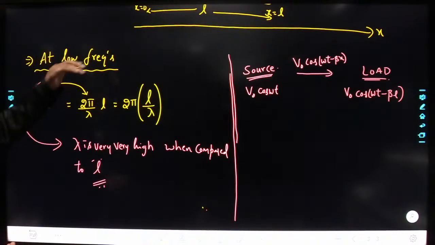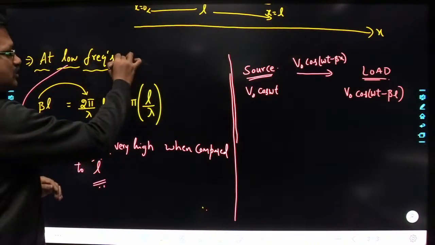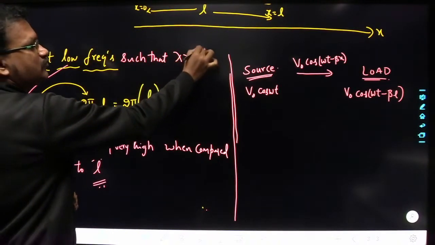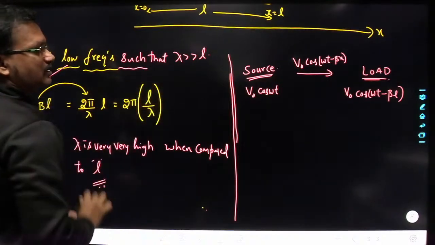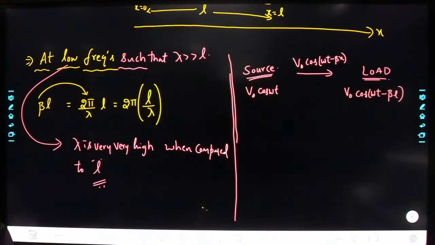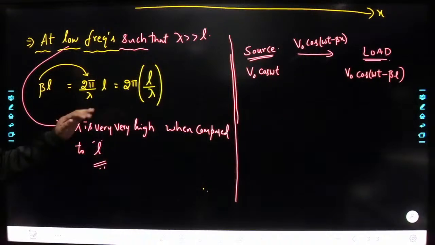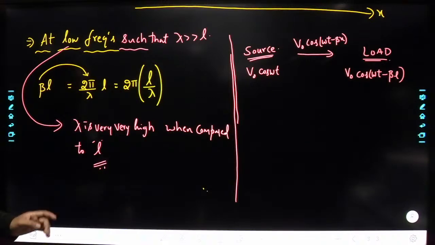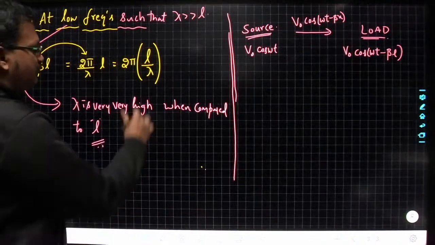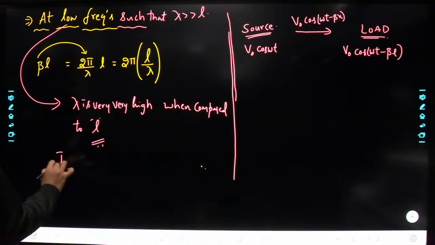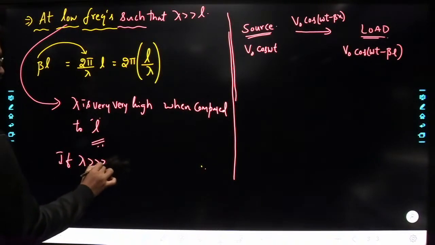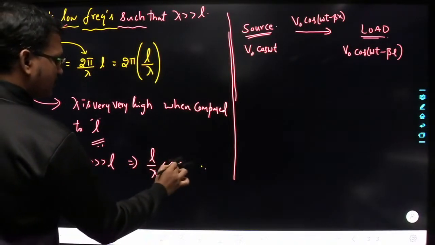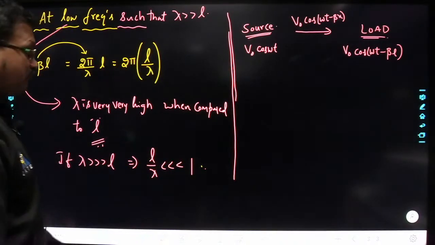So low frequencies means such that lambda is far greater than L. If lambda is far greater than L, then L by lambda will become far less than 1.